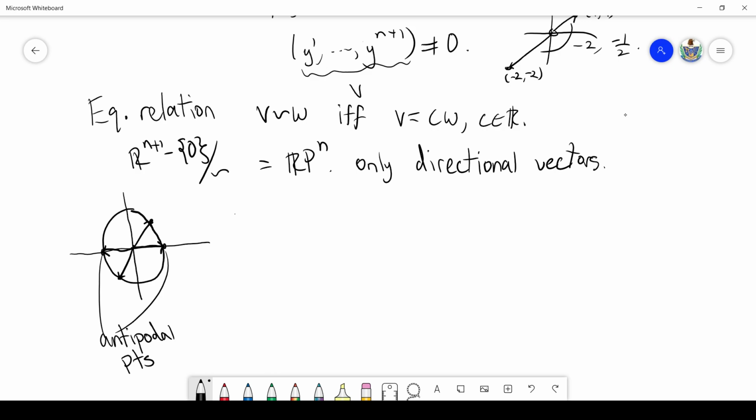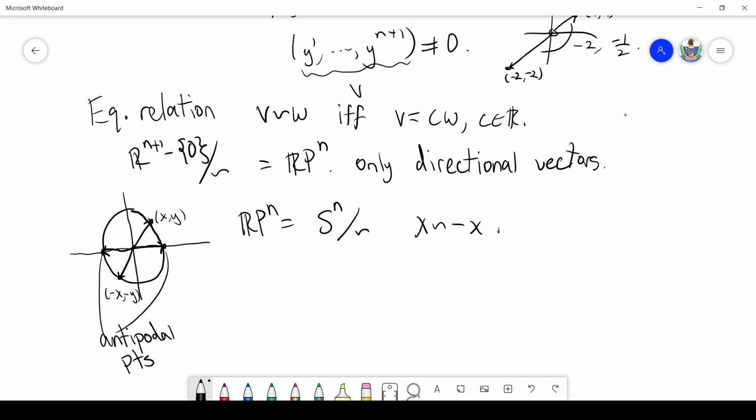So we can essentially take RP^n as S^n under the equivalence relation where x is equivalent to -x. If we're considering points like (x, y), then this is (-x, -y).